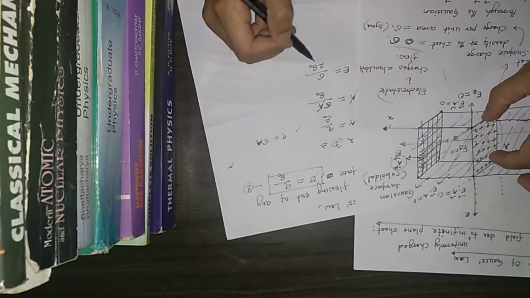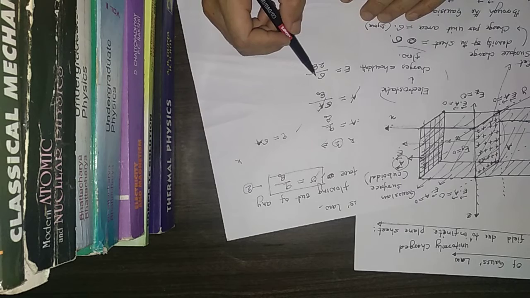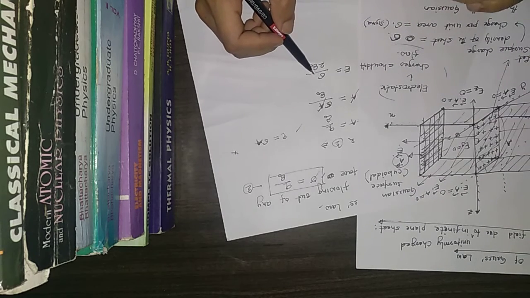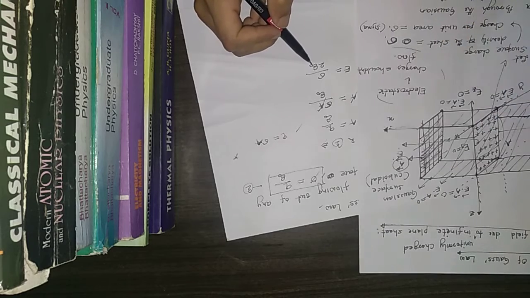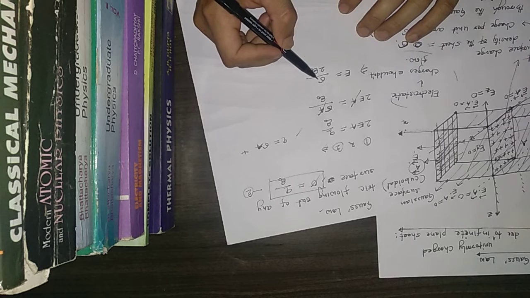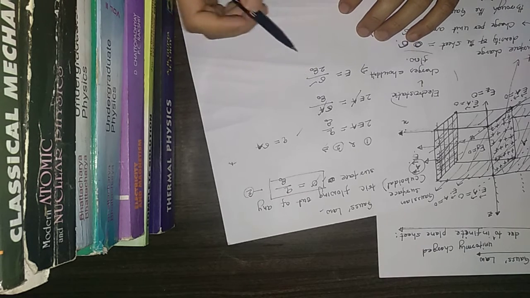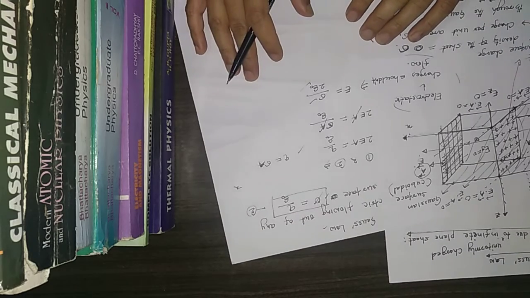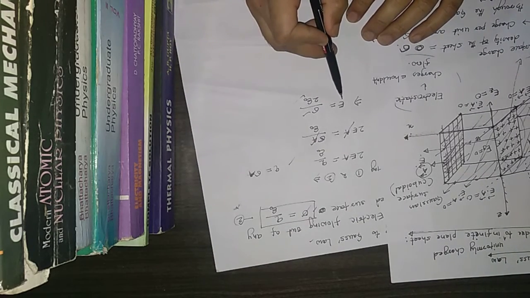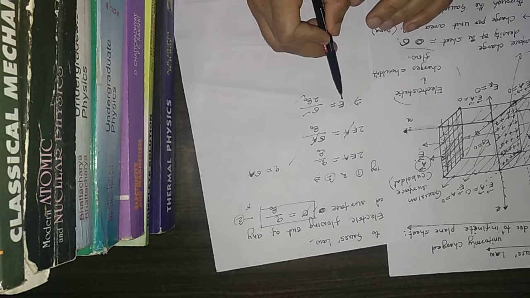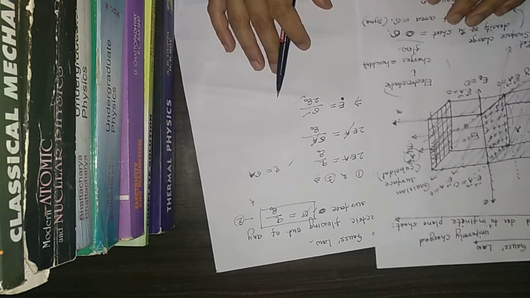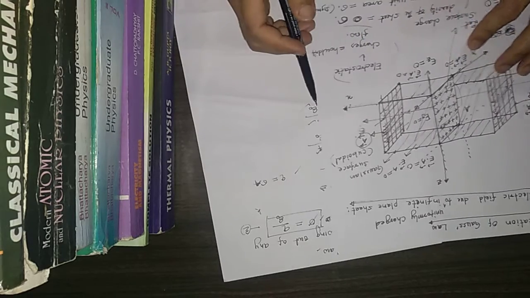This is the value of the electric field due to this infinite plane sheet, which will be equal to sigma by 2 epsilon 0, where sigma is the charge per unit area of the sheet, and epsilon 0 is the permittivity of free space. If you see closely here, there is no dependence on distance. Sigma is a constant and epsilon 0 is also a constant. That means the electric field due to an infinite plane sheet will be constant irrespective of distance.